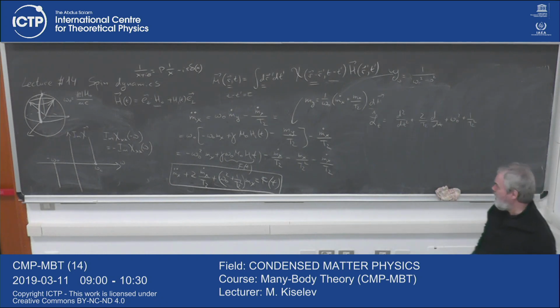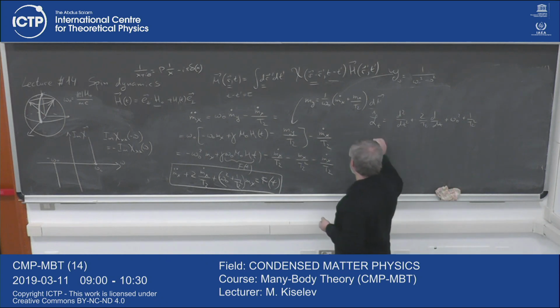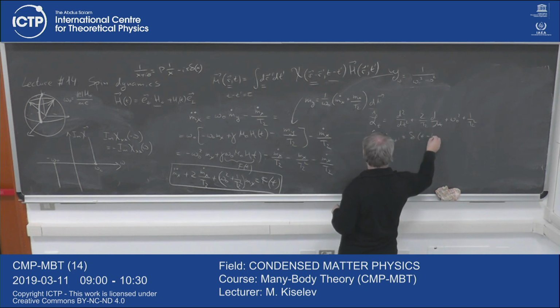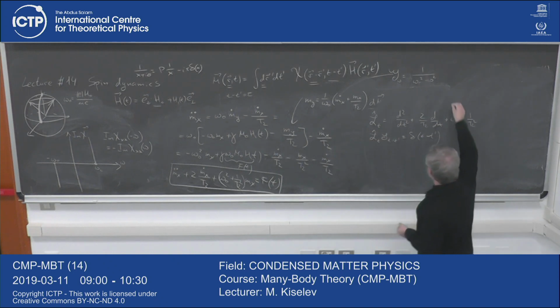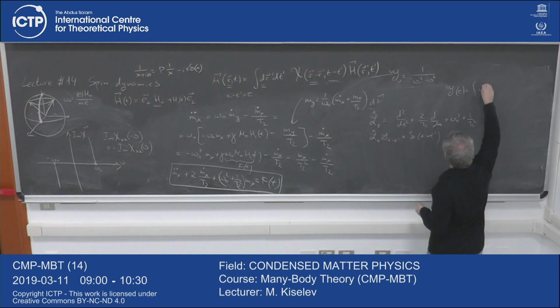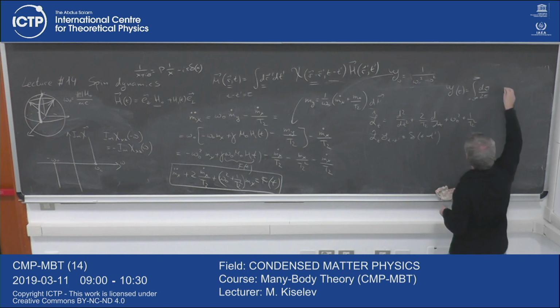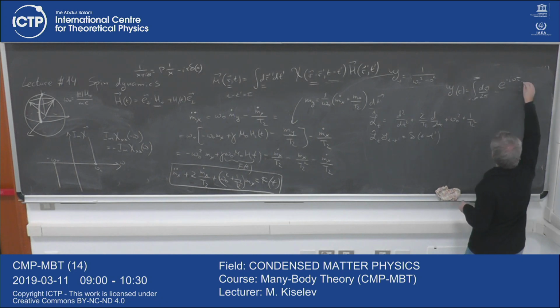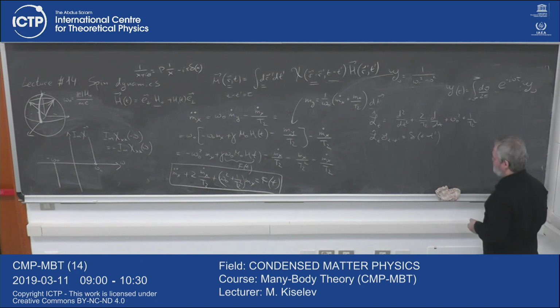Right? And the Green function satisfies the equation L(t) g(t minus t prime) is equal to delta function (t minus t prime). And you remember that g(tau) is equal to the integral d omega over 2 pi from minus infinity to infinity of e to the power minus i omega tau times g(omega).